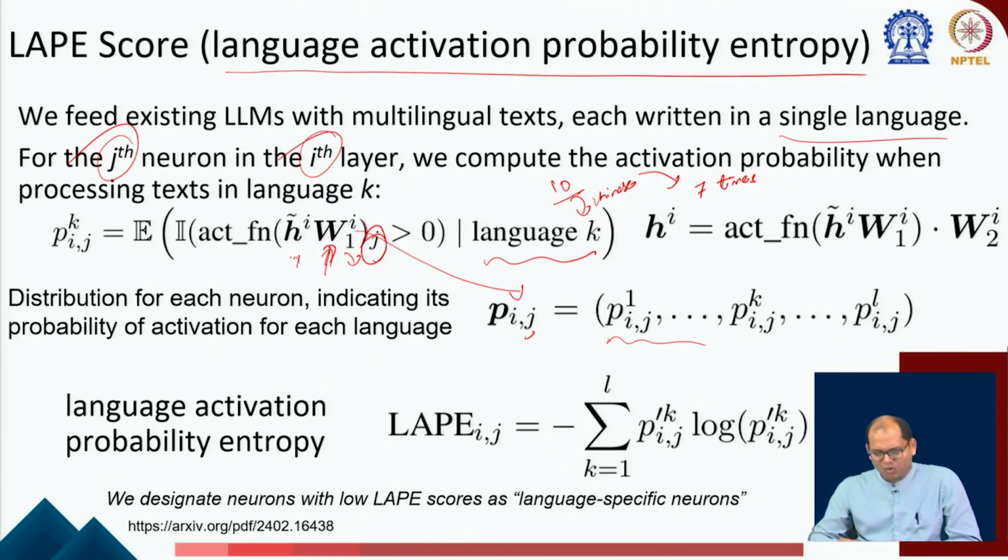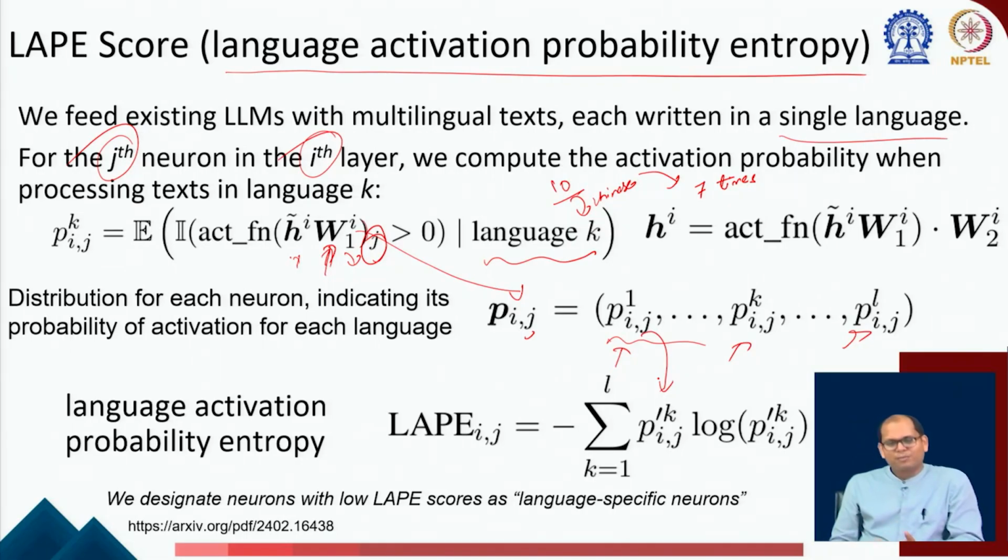So, you can compute this probability for all the languages, and then you normalize them and you get a distribution. So, what is the probability of this neuron getting activated for this language, that language, and so on.